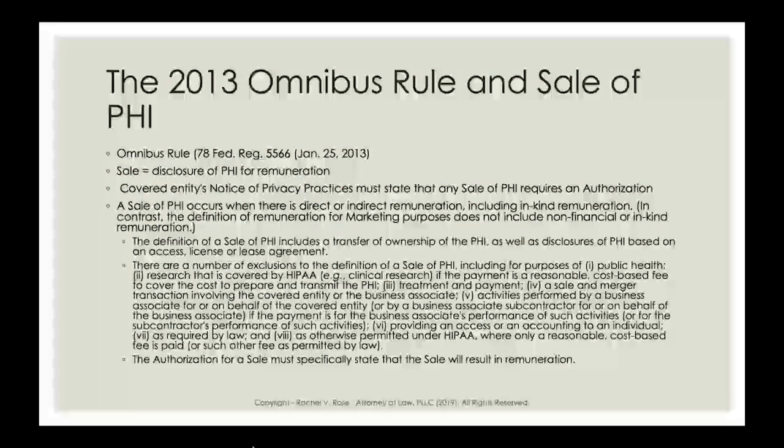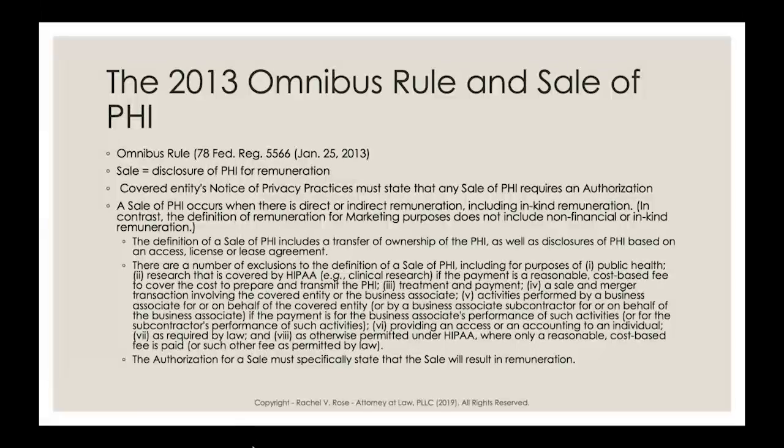The 2013 Omnibus Rule and the sale of PHI: again, I began this webinar with a portion of this rule, the portion that related to the Ciox case and the privacy rule in relation to an individual's ability to access their protected health information, as well as the amount that an entity could charge for that information.